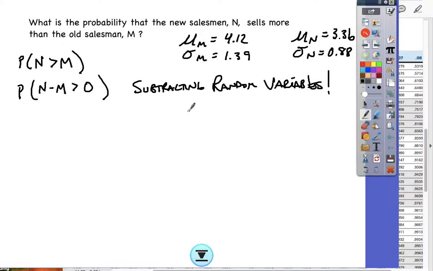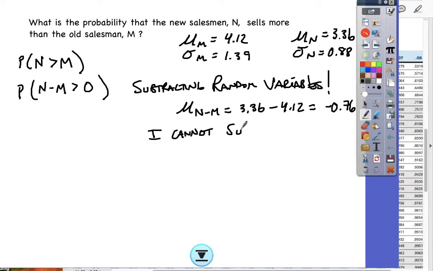Okay, so I'm subtracting random variables. I need the mean of N minus M. So that will be 3.36 minus 4.12. And when you subtract those, you're going to get negative 0.76. And for my standard deviation, I cannot subtract the standard deviations, but I can still add the variances.